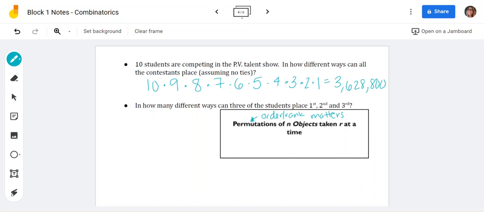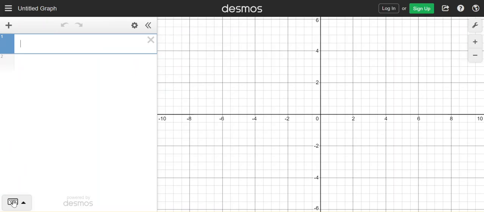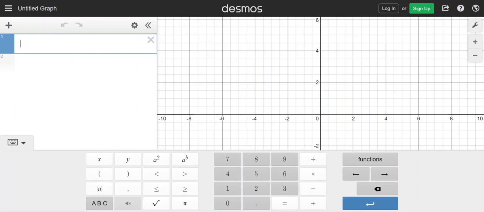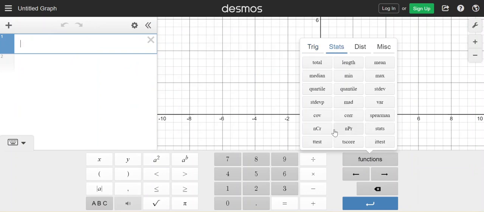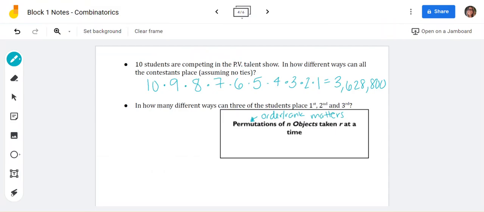So we're going to do this on Desmos. We're going to go to our keypad, choose functions, and go to our statistics tab. And we've got nPr down here.